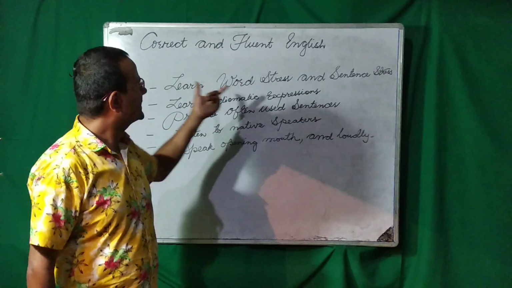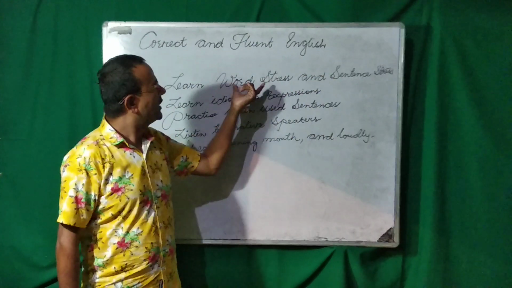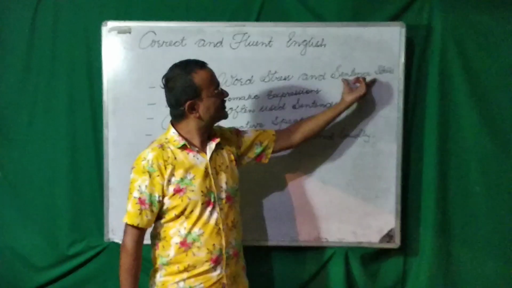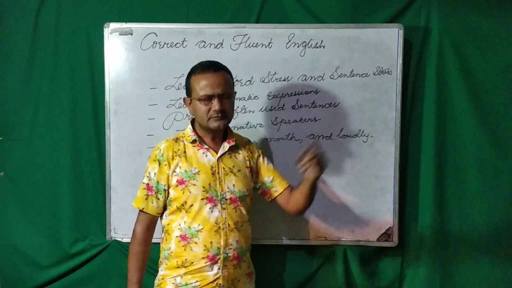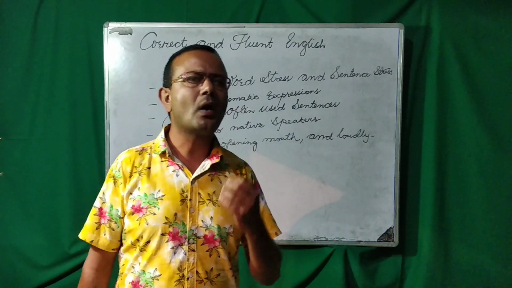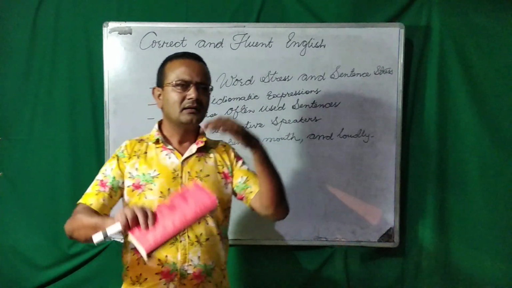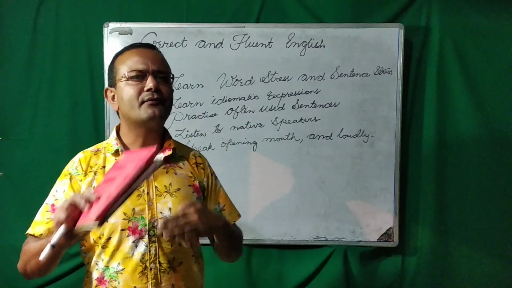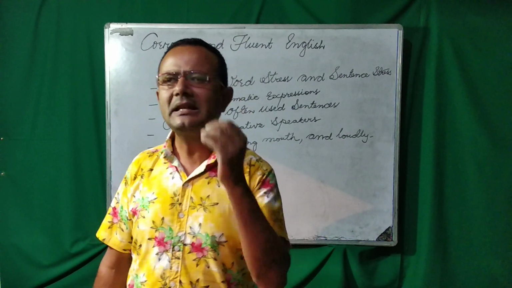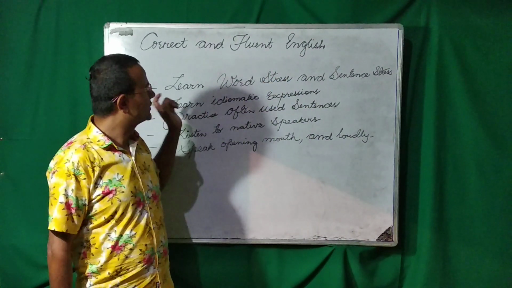The first thing I said is that word stress and sentence stress should be mastered, because word stress is where to put stress, and sentence stress is done to the whole entire sentence, because that brings musical quality. Sentence stress is the musicality. There is the rising and then falling of pitch that gives tone, because meaning lies in tone. So these are very important things that we need to remember.